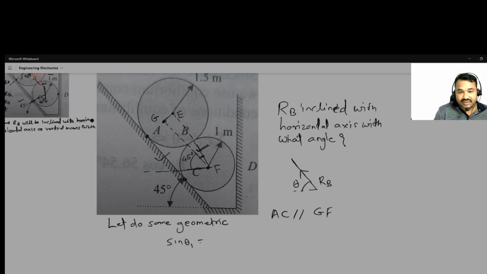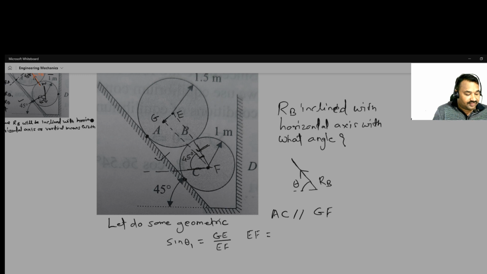So sine theta 1 will be GE divided by EF. Now what is EF?